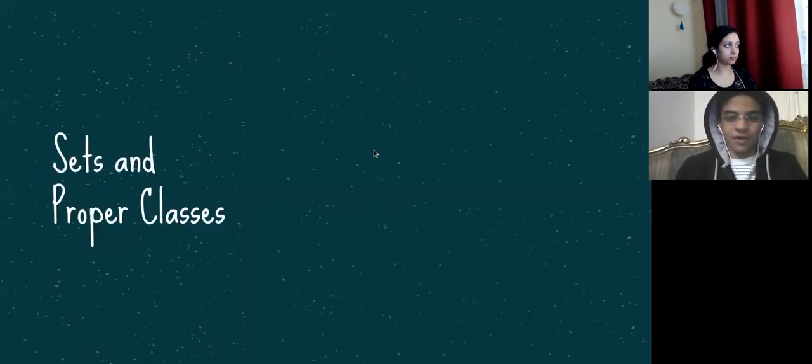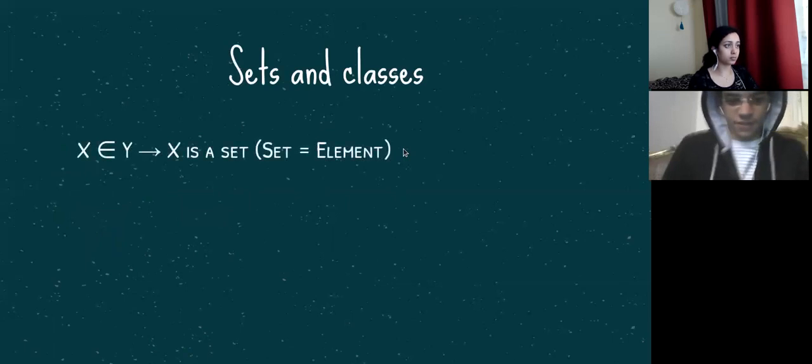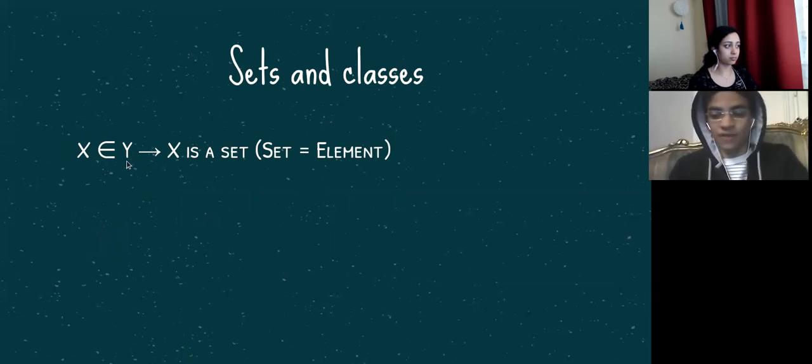But still, for the future we would need to draw a distinction between two kinds of classes: sets and proper classes. Sets are classes and proper classes are classes, but they are different kinds of classes, okay? The difference is that if you have y as a class and x belongs to y, then x is called a set.